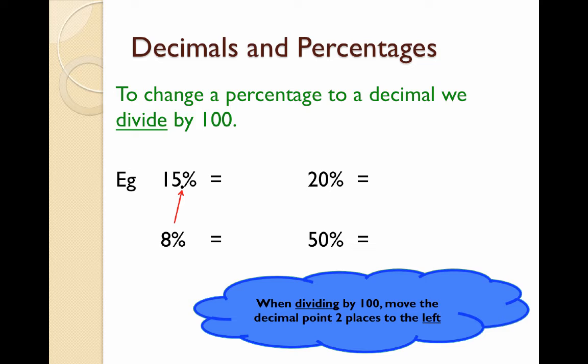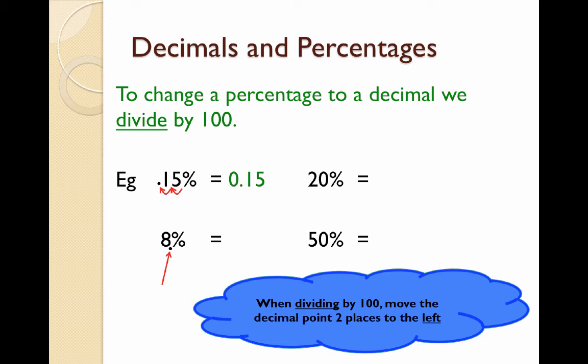And what I'm going to do with that imaginary decimal point is move it 2 spots to the left. So we go 1, 2. Now, once it's on the left-hand side of that 1, we now have our decimal. We have 0.15, and we're going to remove the percentage sign because it's no longer a percentage. It's back to a decimal.